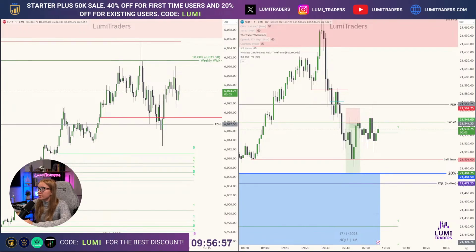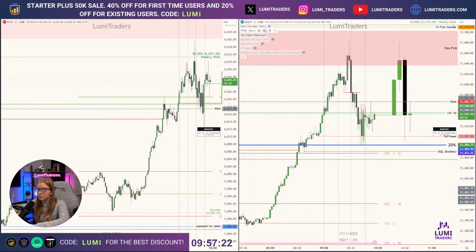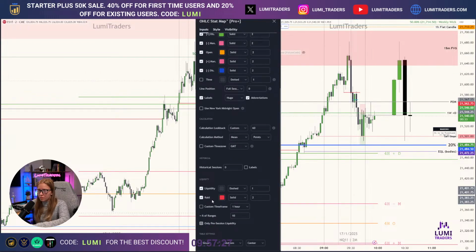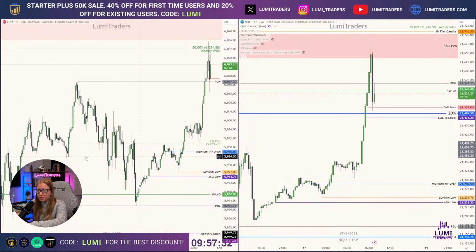Yeah, pretty interesting hourly candle right now. Let's open Stat Map levels. Oh, actually not right here, right here. Okay, let's see, guys. Daily levels. Let me uncheck this and this. So right now I'm going to see how we respect the daily levels today.